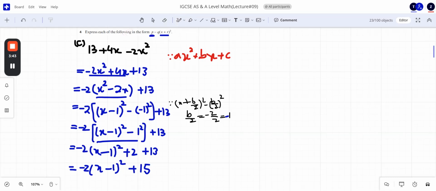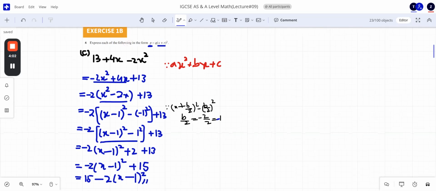It would be here the 15, then minus 2 into x minus 1 whole square. 15 minus 2 into x minus 1 whole square, which is our required form. So we got the value of p as 15, value of q as minus 2, and value of r is minus 1.